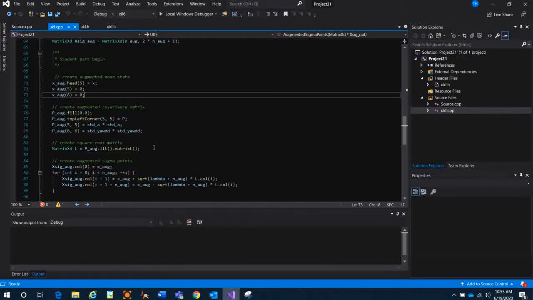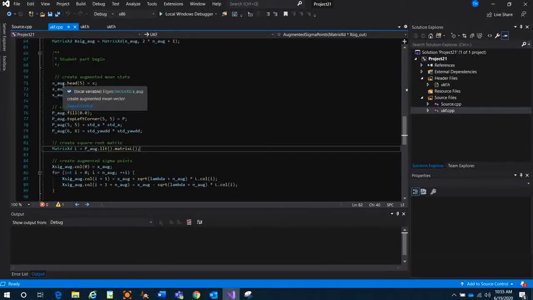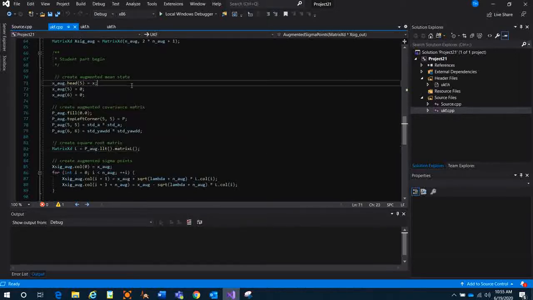And we also have the square root matrix right here. And we create the input x right here. We have the 5 vector, and it means right here we create the augmented mean state.